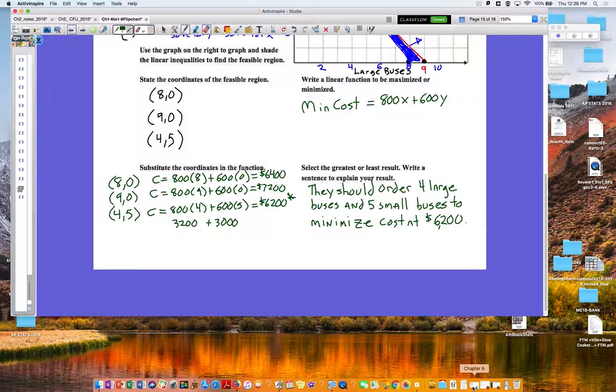Nice. All right, that takes care of the first example.